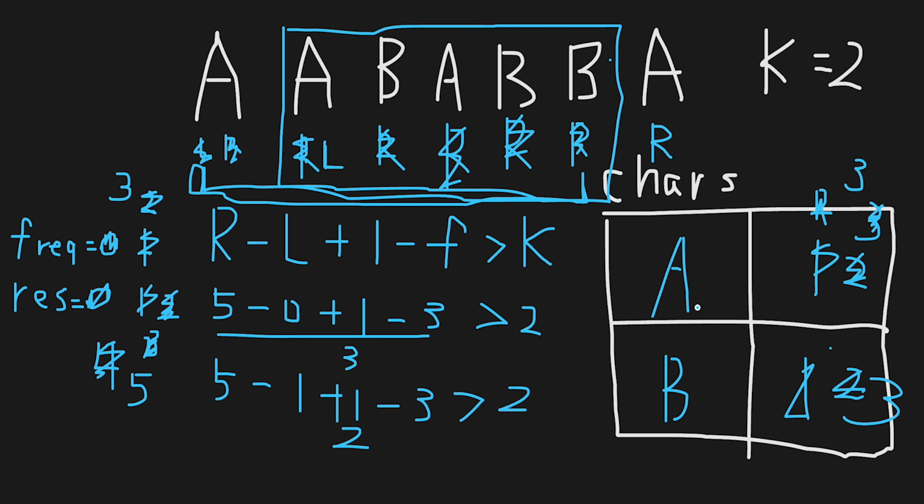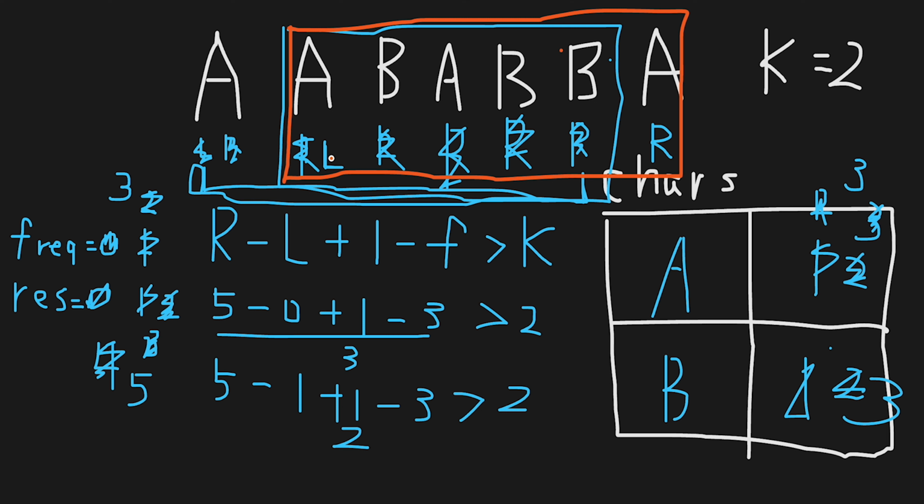Again, we have 3A and 3B. So actually, it's the same situation. We have a chance to change the character twice at most. So in that case, it's a little bit messy, so let me change the color. Now the left pointer is index 1, and the right pointer is at the last index.